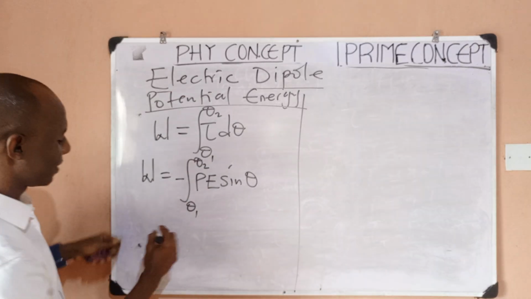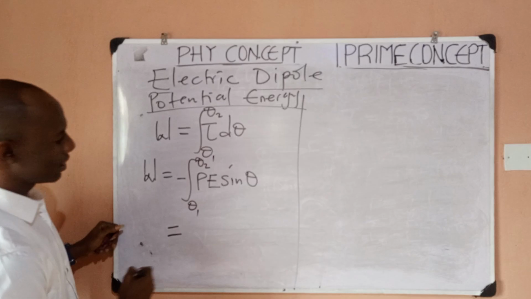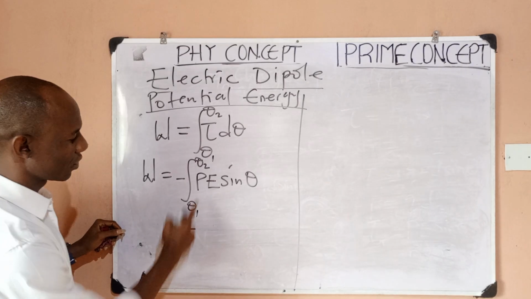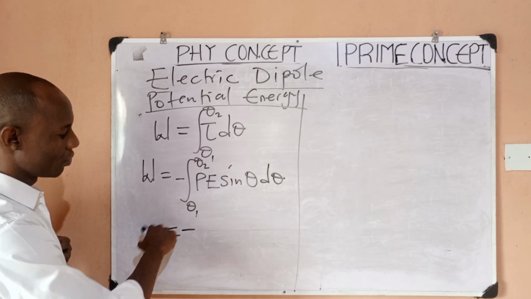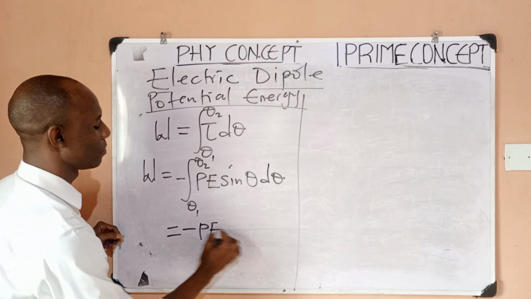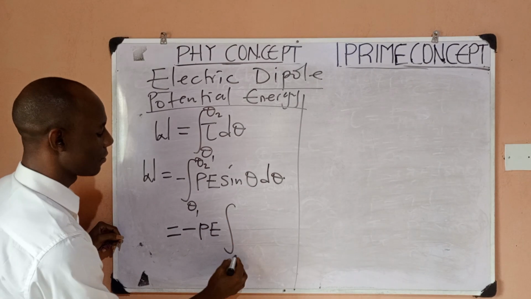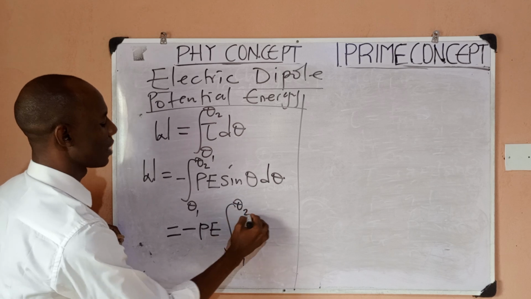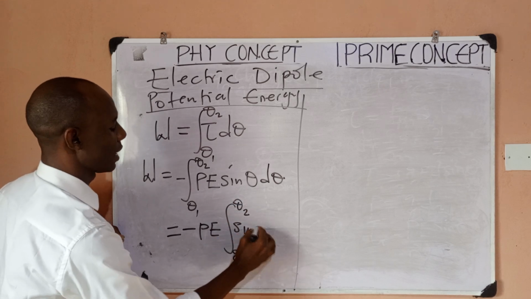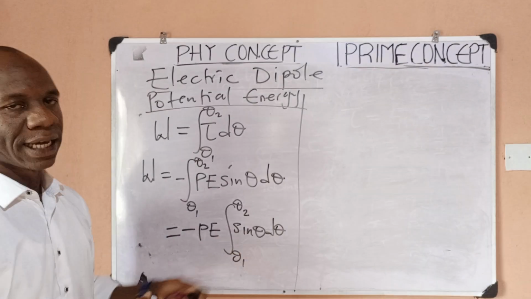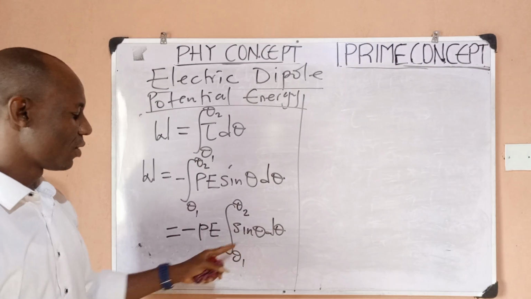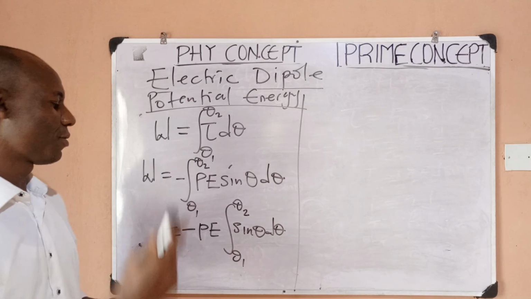Now, if I integrate this, I would have minus PE, which is a constant, so I bring it outside my integral. So I have PE outside, integral from theta 1 to theta 2 of sine theta d theta. From basic integration, when you integrate sine, it gives you negative cos.